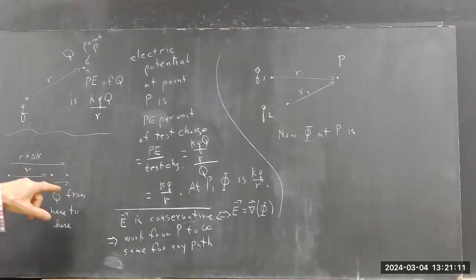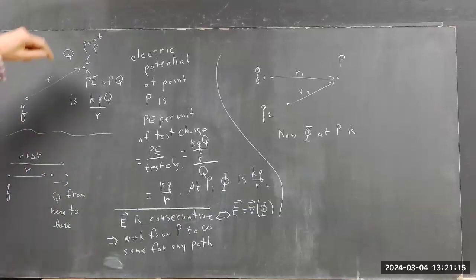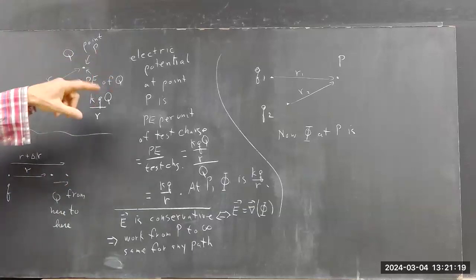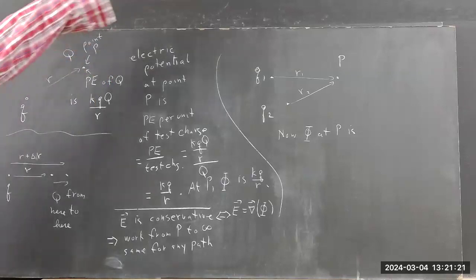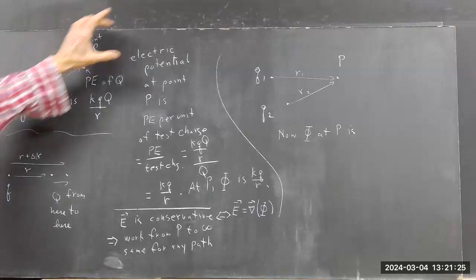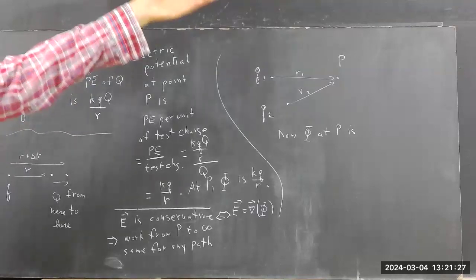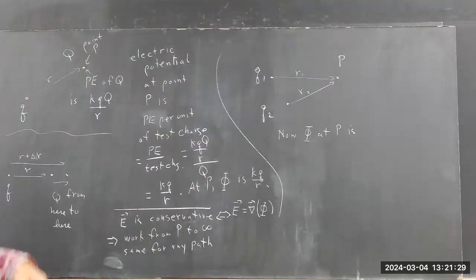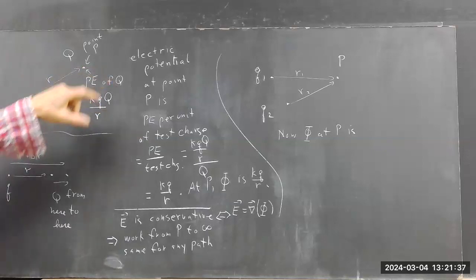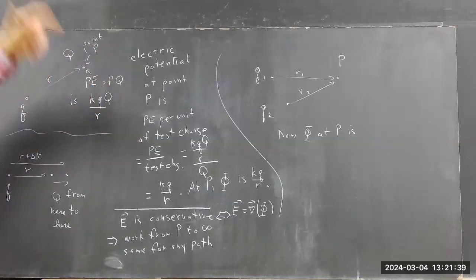So potential energy is higher here than it is here. Potential energy here, if everything's positive, is greater than it is at infinity. If you come in from a great distance and then release it, it goes back to the great distance and gains kinetic energy because of the change in potential energy. So potential energy for the charge at this point is k big Q little q over r.